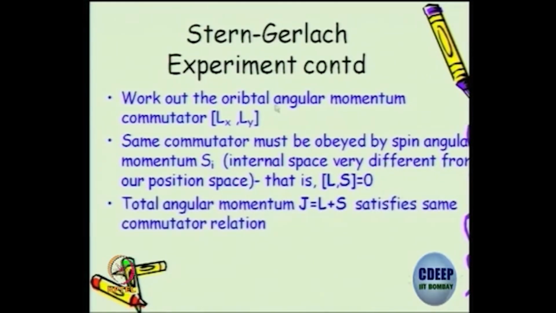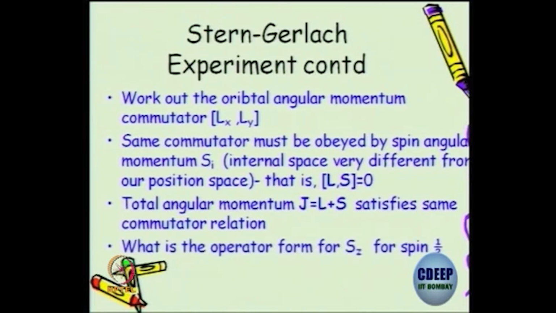You can also write total angular momentum J as a sum of L plus S, which will also satisfy: if Lx Ly is i h cross Lz, Sx Sy is i h cross Sz, then Jx Jy will be i h cross Jz. That's just a property of the commutators which you do on linear operators.